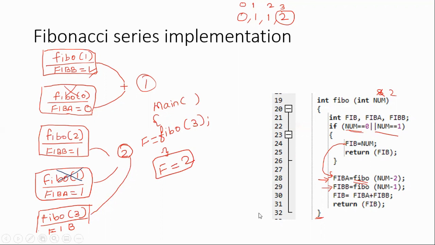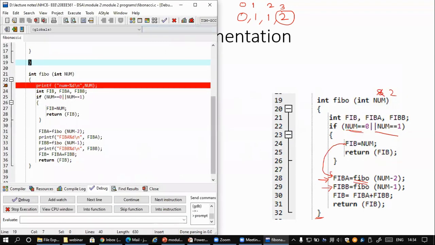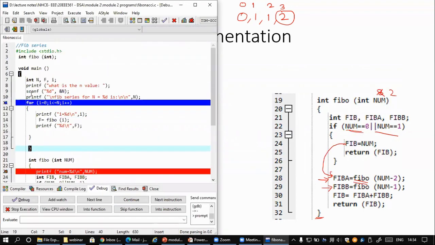Now let us see this program in simulation. So, yeah, this is the program here. You can see the main program here. And in the main program, what else is there?